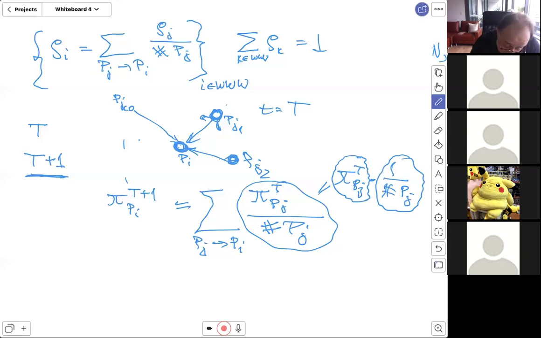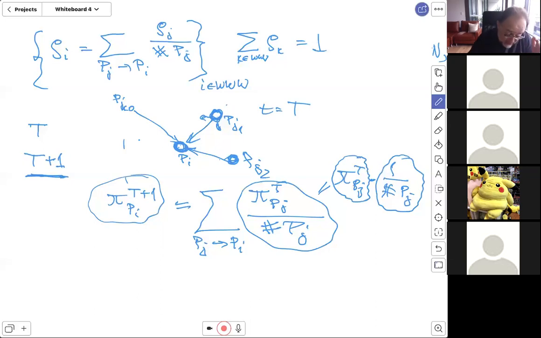But if our intuition was correct, then this probability to end up at PI after t+1 many clicks should be equal to the probability to be there after only t many clicks, because we said that we should have the property that as t increases, they all converge to the same value.